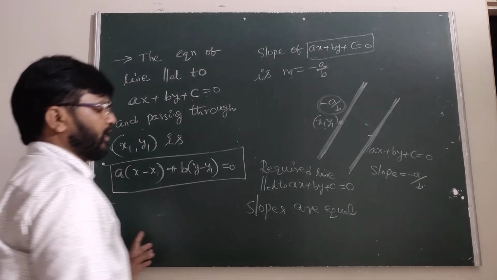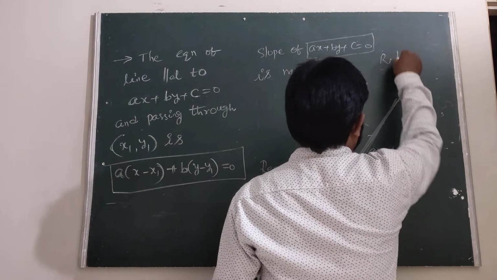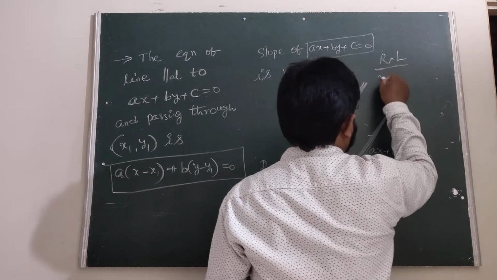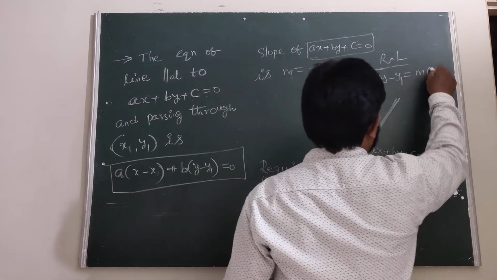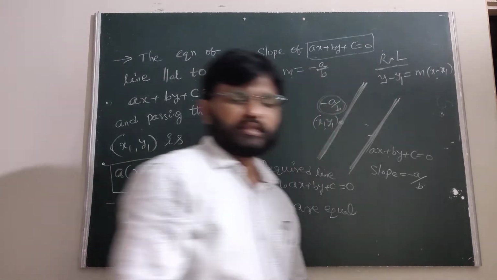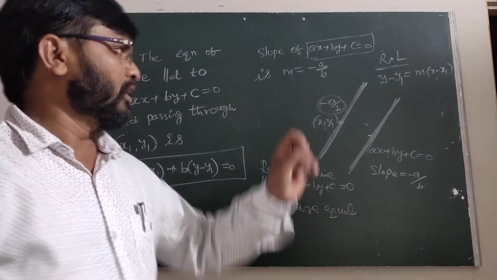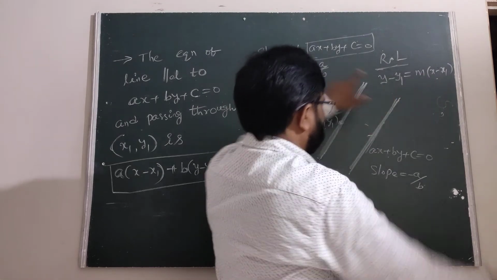now we can write the required line as y minus y1 equal to m into x minus x1.